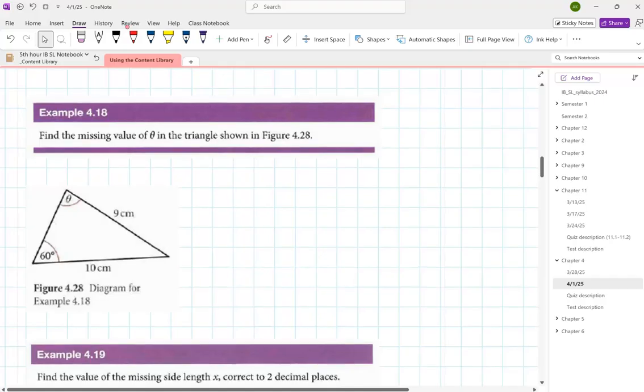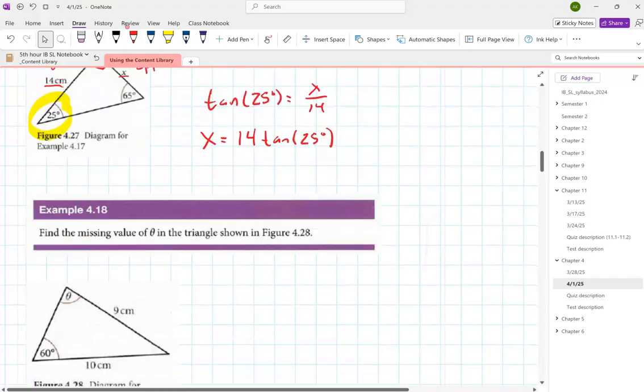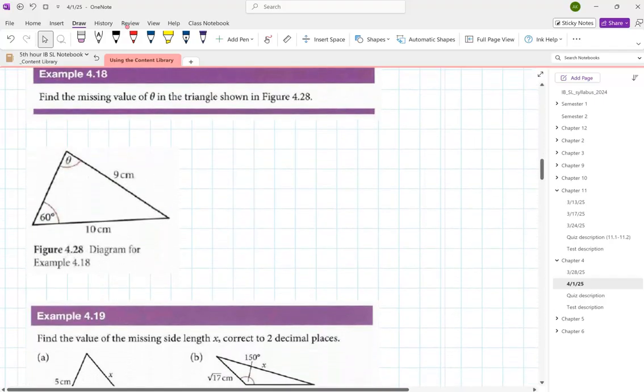What if we have something like this, though? Well, do we know that it's a right triangle? No. Can I use SOHCAHTOA if it's not a right triangle? No. What are the tools I need for non-right triangles?